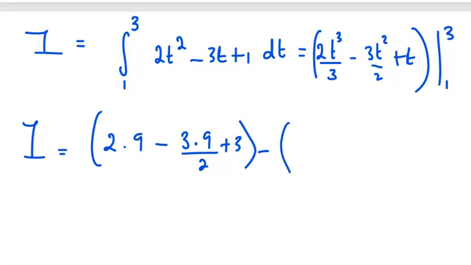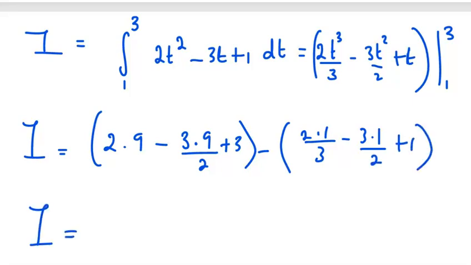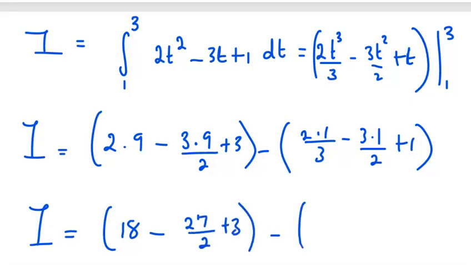And we're subtracting the lower limit: 2 multiplied by 1 divided by 3, minus 3 multiplied by 1 squared, which is 1, divided by 2, and then plus 1. So here our I is equal to 18 minus 27 over 2 plus 3, then minus 2 over 3 minus 3 over 2 plus 1.